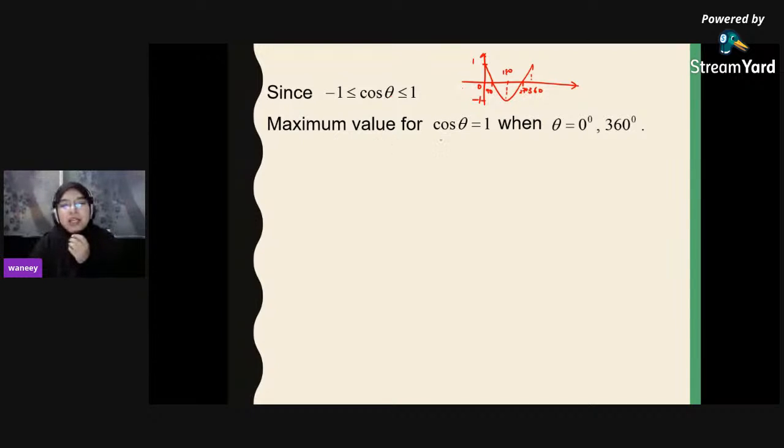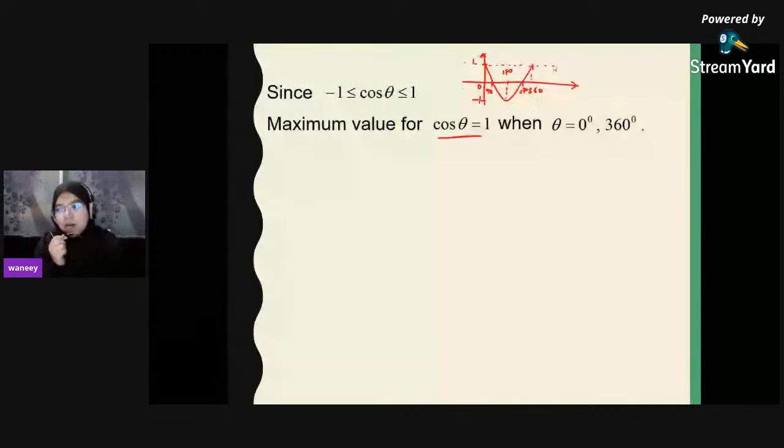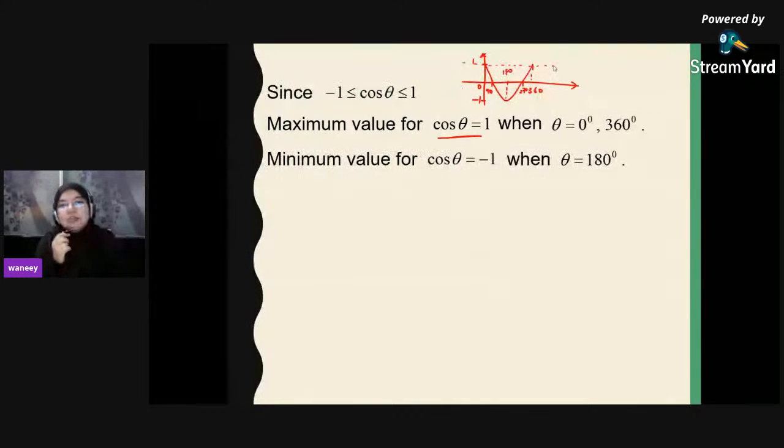So the maximum value for cos theta is equal to 1. So this is the highest point where the value of the y is 1. So we're going to get cos theta equal to 1 whenever the theta is equal to 0 or 360. For the minimum value, cos theta is equal to -1 when the theta is equal to 180. So there is only one value over there.